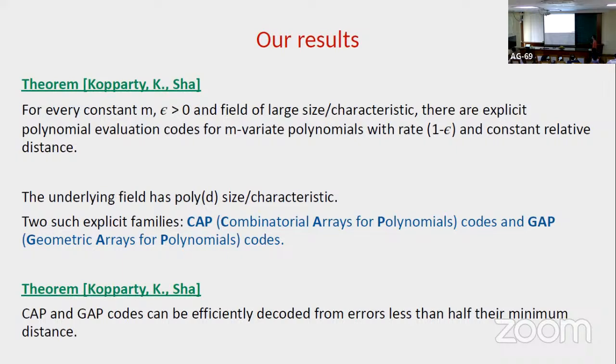Even for polynomial evaluation codes, having codes that can be efficiently decoded from up to half their minimum distance is not something we can take for granted. For instance, Reed-Muller codes, which have been studied since the 1950s, were only shown to be uniquely decodable in this sense less than 10 years back. So even though this seems like a very natural statement, if you come up with a good construction, it's not something we can take for granted.